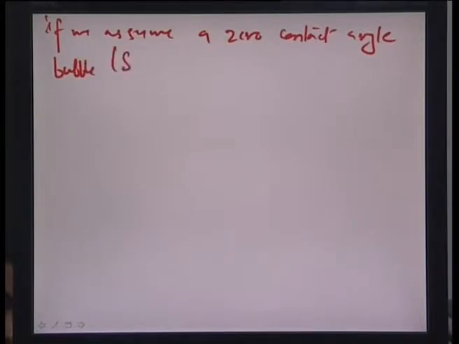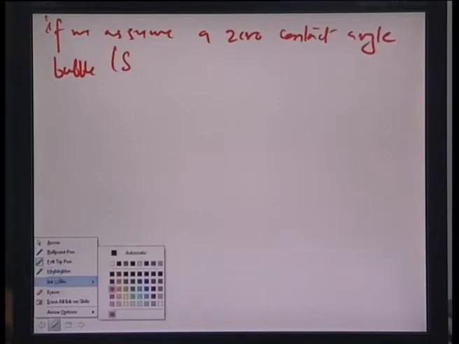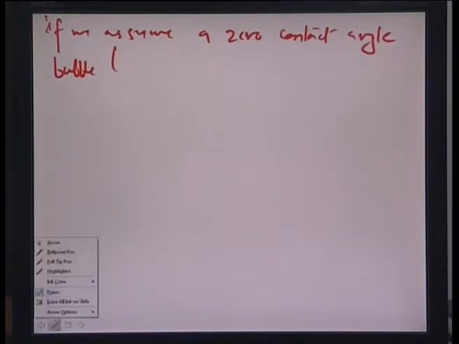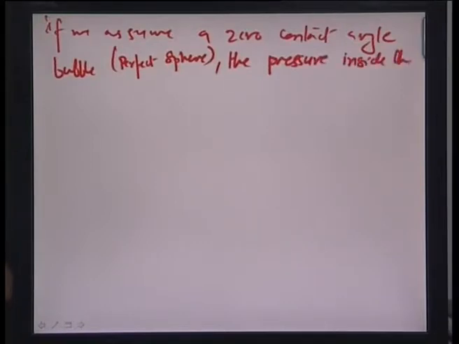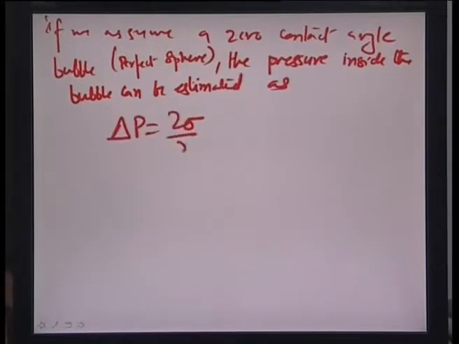So if we assume a zero contact angle bubble, or let us say a perfect sphere, with no contact angle whatsoever, the pressure inside the bubble can be estimated as delta P equal to twice sigma by r.